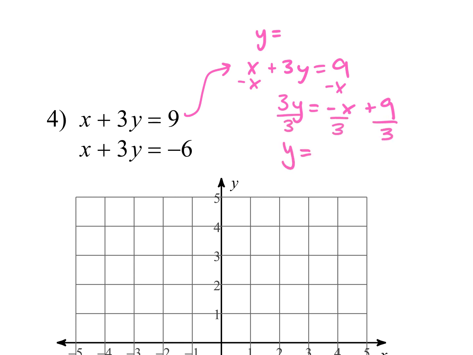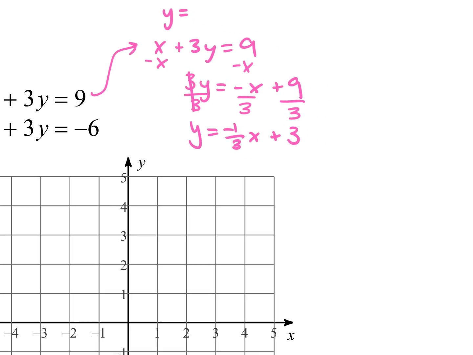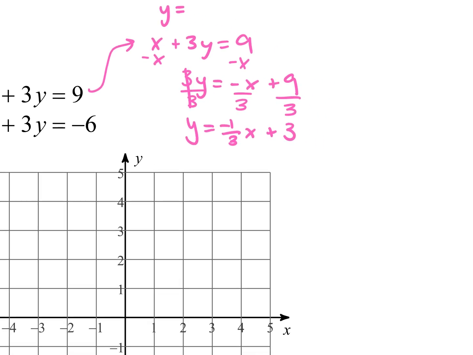So y is equal to -1/3x plus 9 divided by 3 is 3. So we just divided everything by 3. Now let's graph this equation. What's our slope? -1/3. And what is our y-intercept? 3.